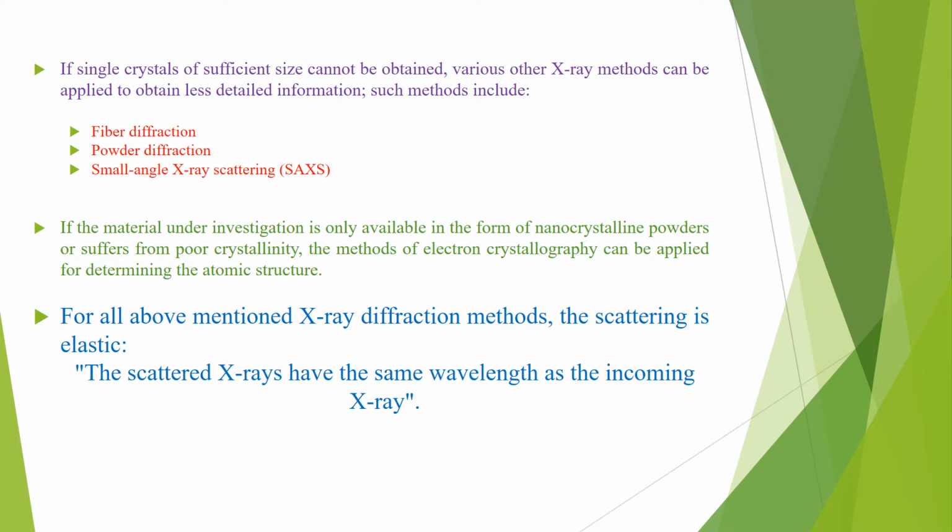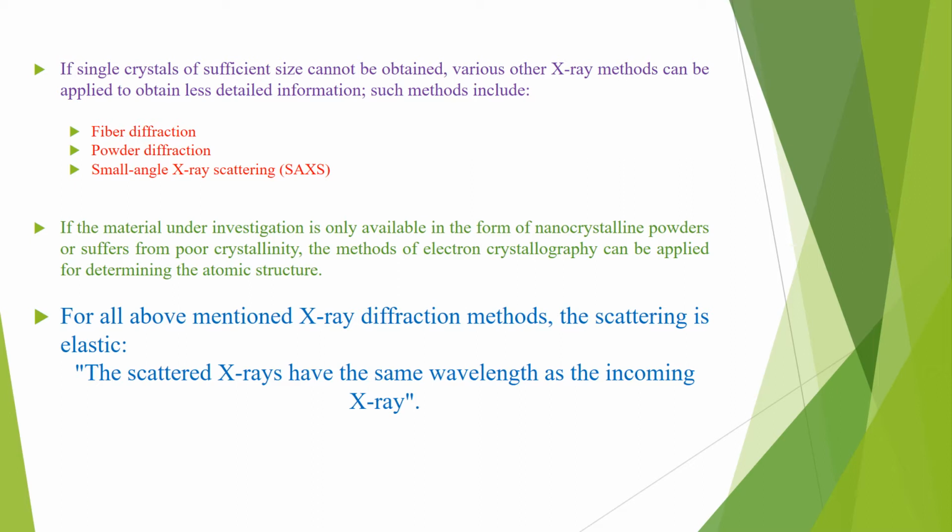That means if the crystal is not of sufficient size, then we use these other X-ray methods to get information about that crystal, and these methods are fiber diffraction, powder diffraction, and small angle X-ray scattering.